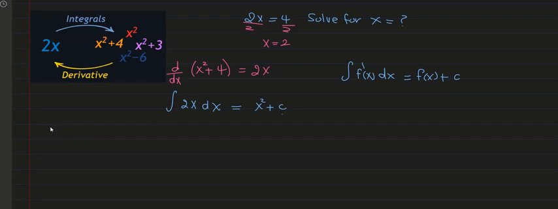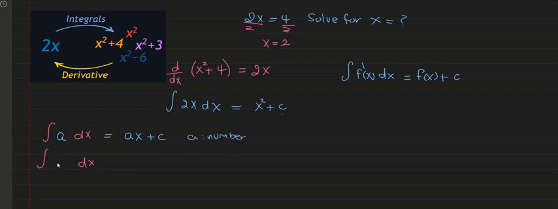Actually, we are asked if we have a number inside this operator. Let's see two types of functions. If we have a number, any number a, its integral is a times x plus c, such that a is a number.